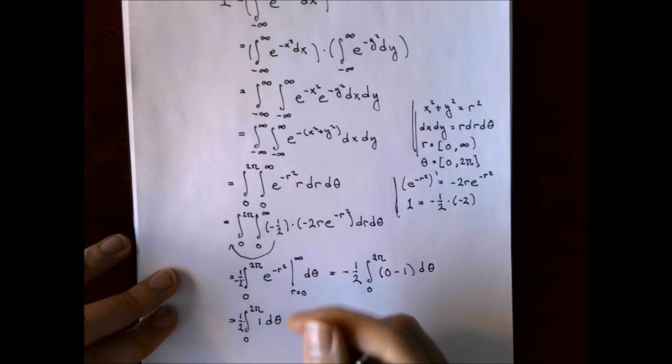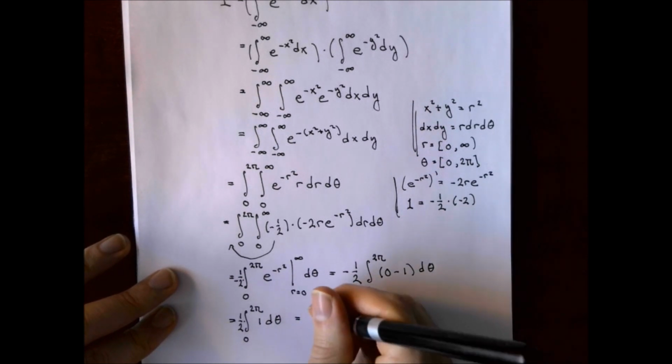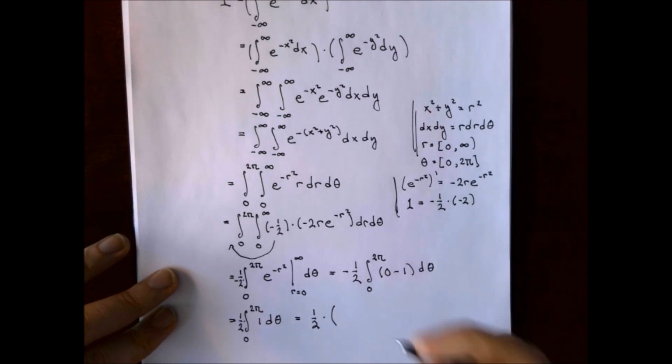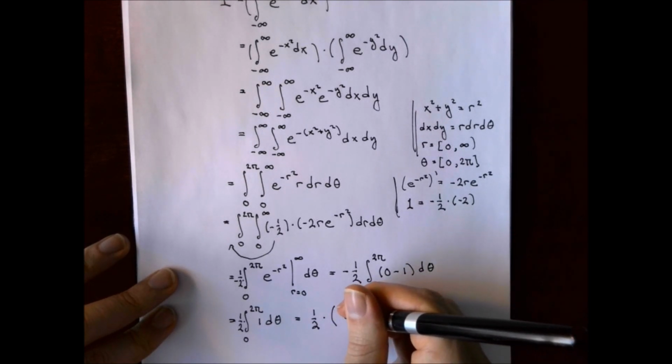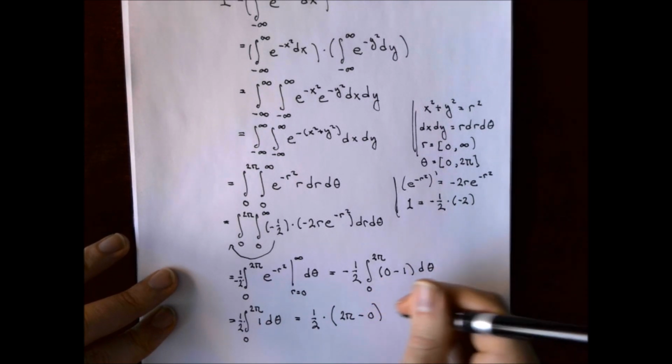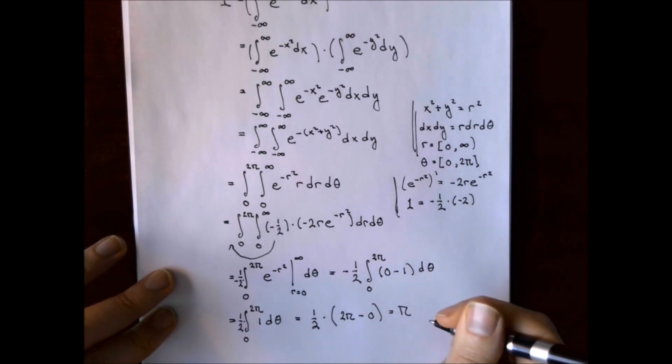There's no theta here, so we're just going to get 1/2 times 2 pi minus 0, which is pi.